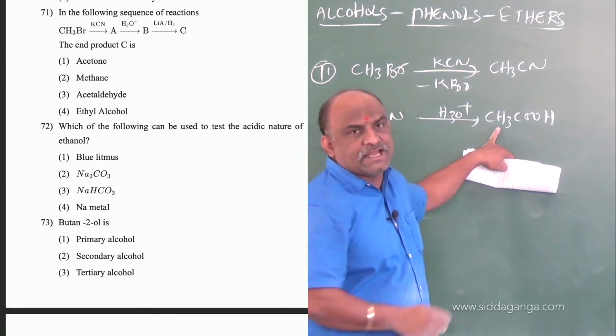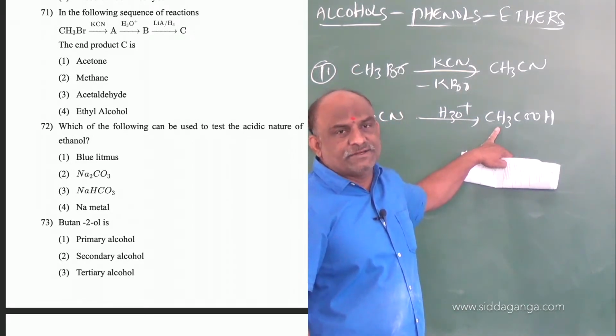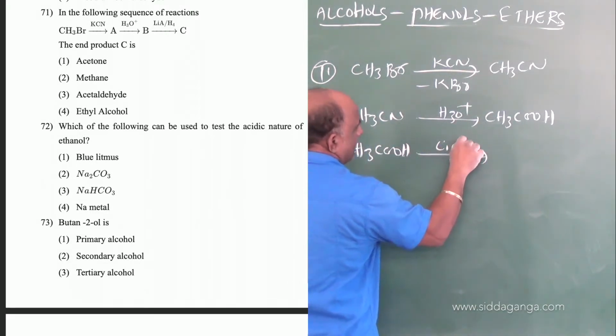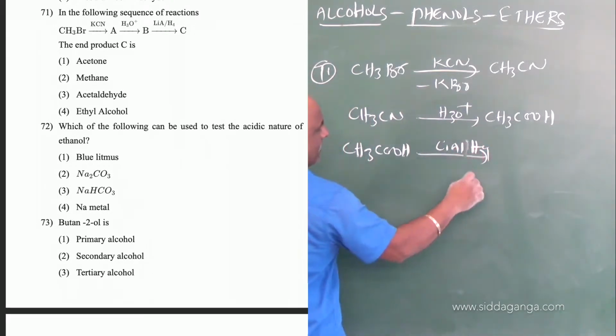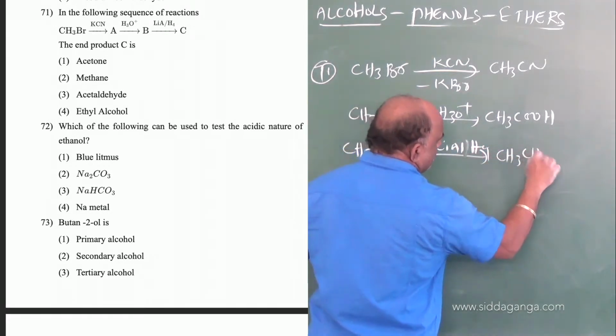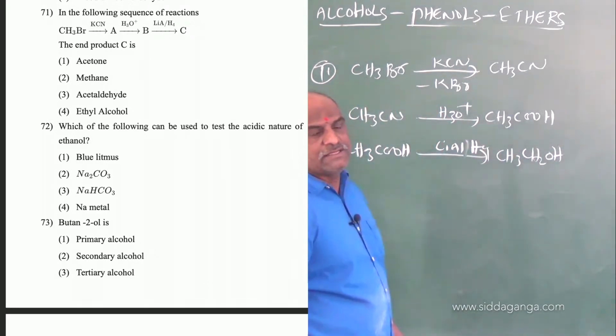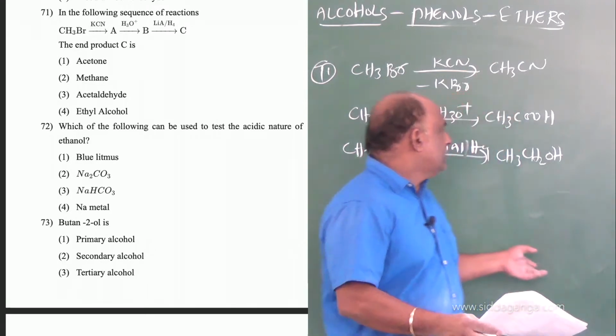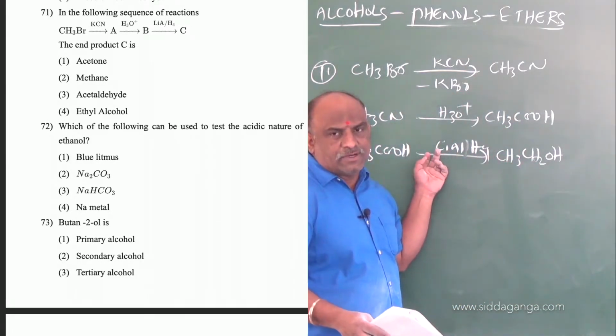Reduction of acetic acid, CH3COOH, with the reagent lithium aluminum hydride gives CH3CH2OH, which is ethyl alcohol.